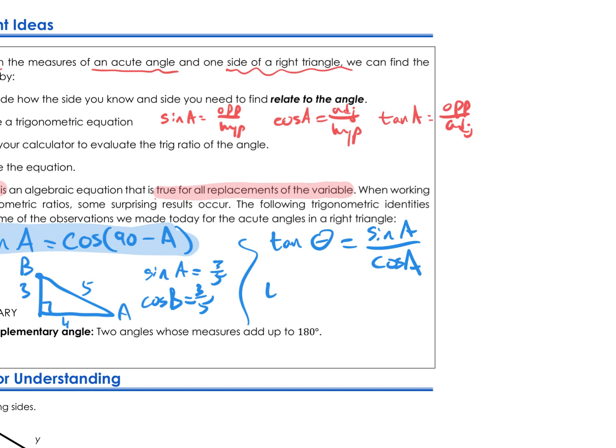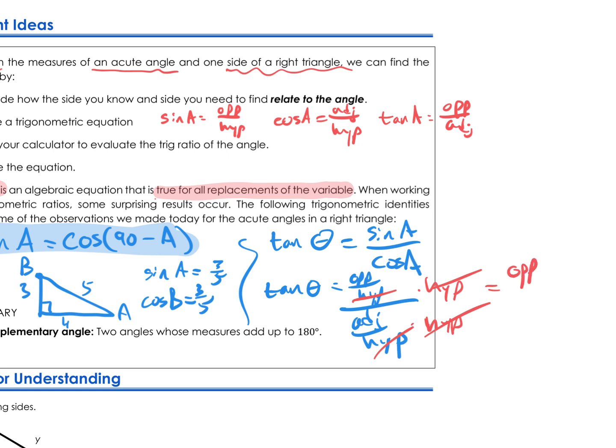Well, we know that tangent of theta is, let's just write it out, opposite over hypotenuse divided by the cosine, which is adjacent over the hypotenuse. And if we were to multiply this by that, whatever the hypotenuse is, on top and bottom, you can do that with fractions, then we can see that it's just the opposite over the adjacent. And that kind of proves that this thing here is very true.